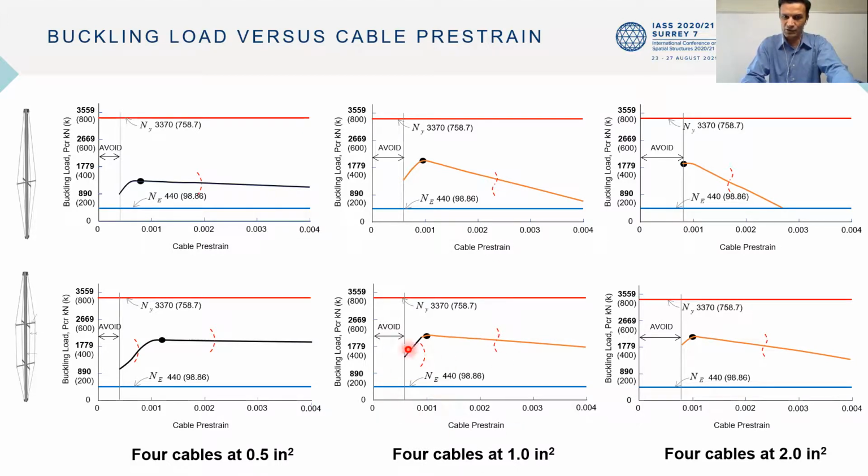But for some cases, you may have the one lobe mode forming before the two lobe mode, but both of them are possible. And that's why calculation of both the one lobe mode and the two lobe mode are important in pre-stressed columns, stayed columns actually.